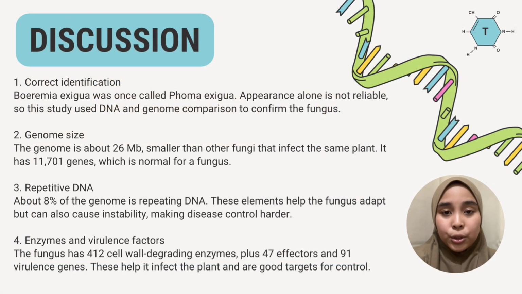Using DNA and genome comparison to the correctly identified Bioremia exigua, formerly Neoscytalidium/Boeremia exigua, this study found that its genome is about 26 Mb with 11,701 genes, that about 800 is repeating DNA, which helps adaptation but may complicate disease control, that it has 412 cell wall degrading enzymes plus 47 effectors and 91 virulence genes, and that this first complete genome provides a foundation for understanding and managing leaf spot disease.